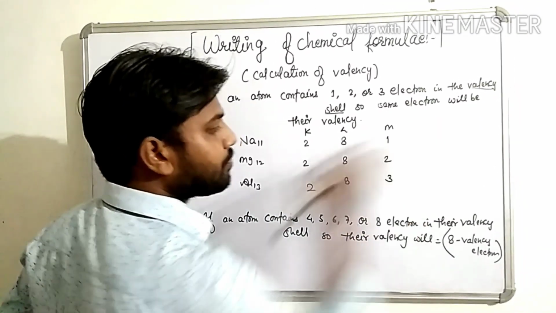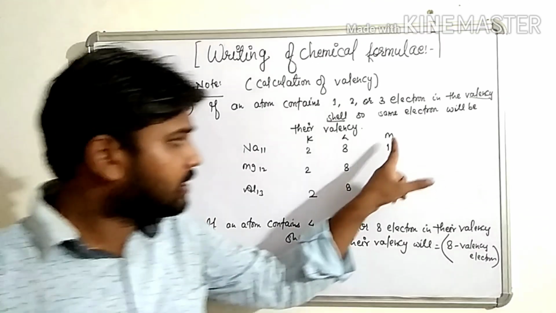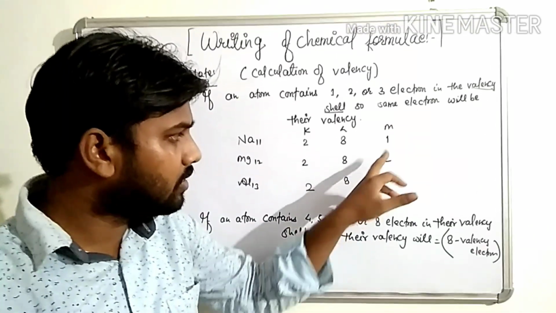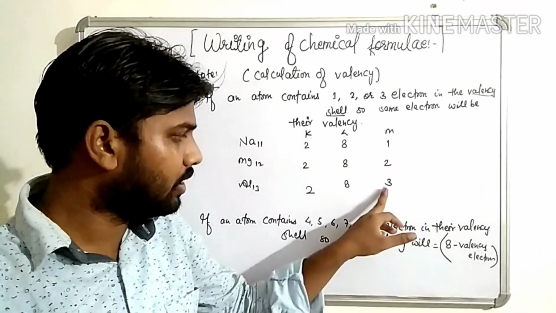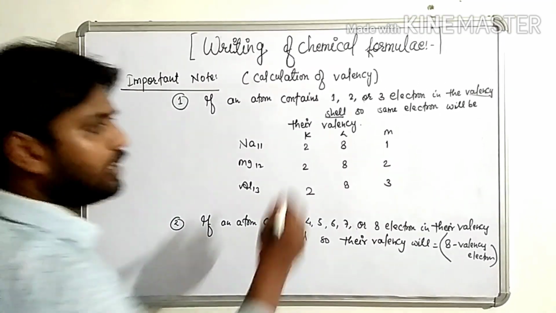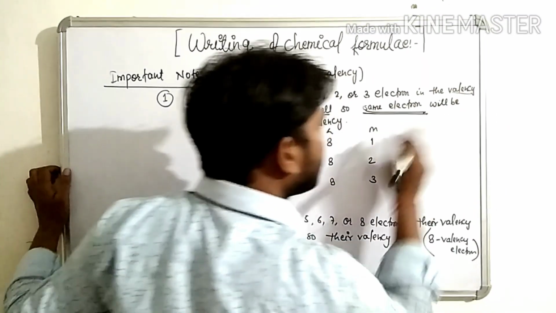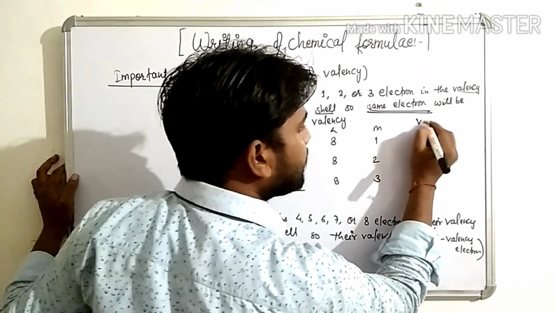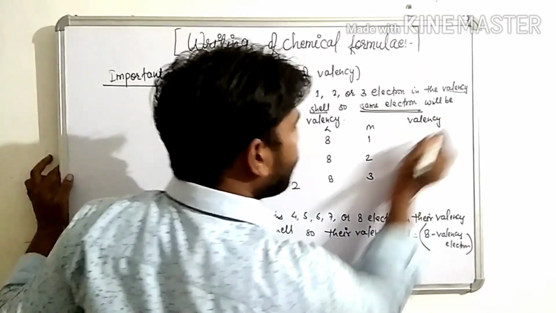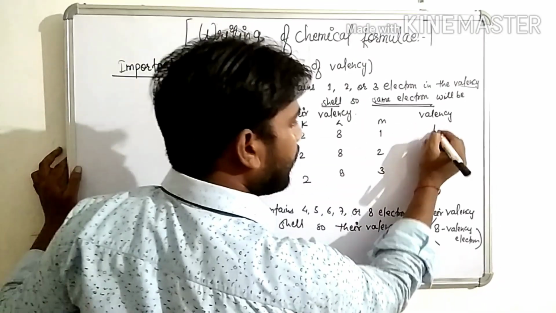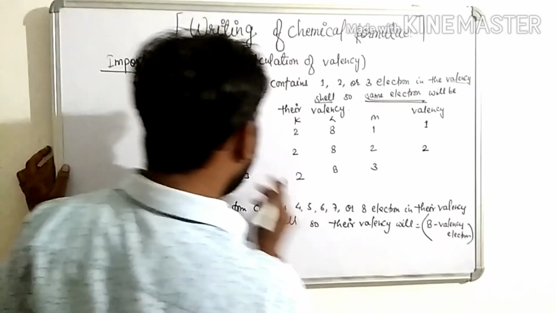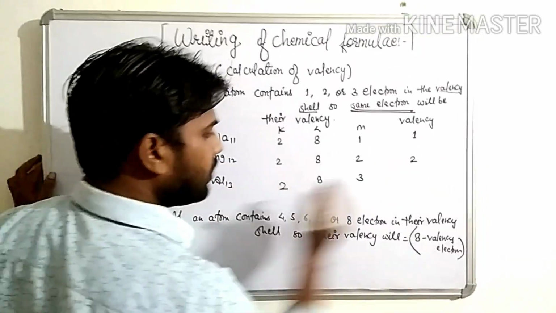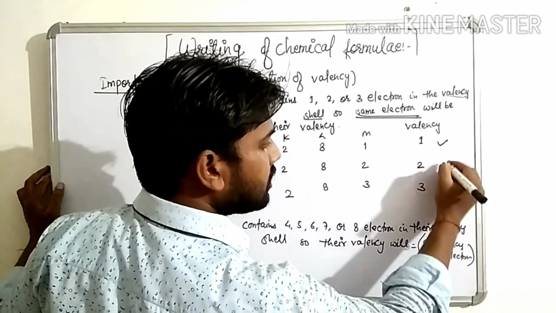Now children, the last shell, the valency shell, contains 1 electron, here 2 electrons, here 3 electrons. So the same electrons will be their valency: the valency of sodium will be 1, magnesium 2, and aluminum 3. Concept clear, children?